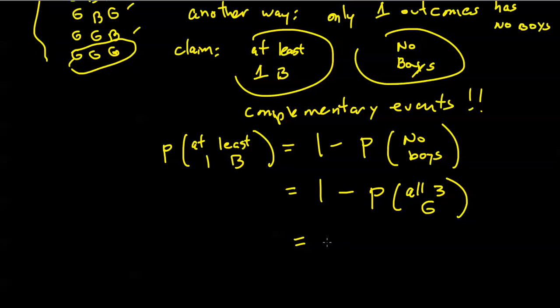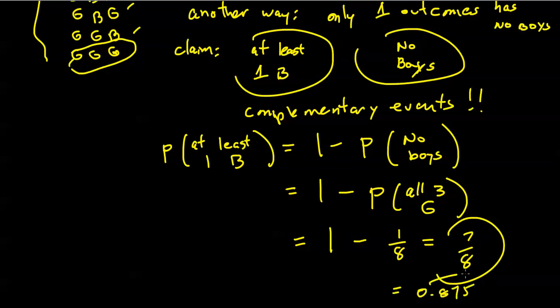And what's the probability that all 3 are girls? That's going to be 1/8. So I can simplify this and say this is 1 minus 1/8, and 1 minus 1/8 is, of course, 7/8. So we get the same answer without drawing up a cumbersome list of my entire sample space. I'll call that 0.875.